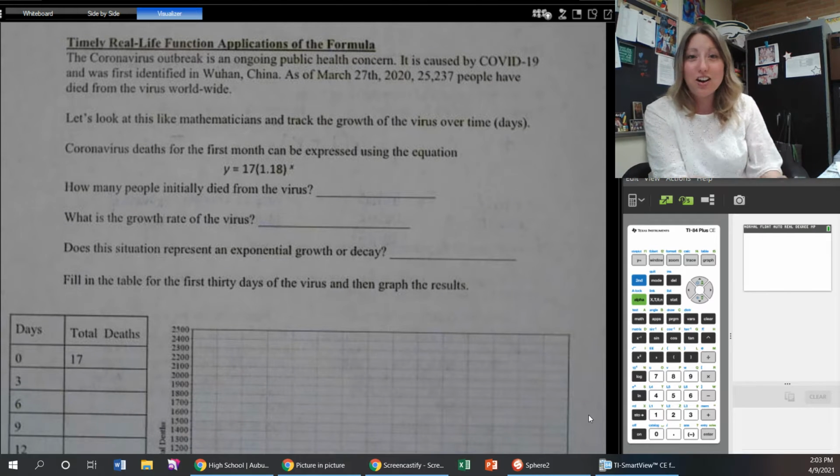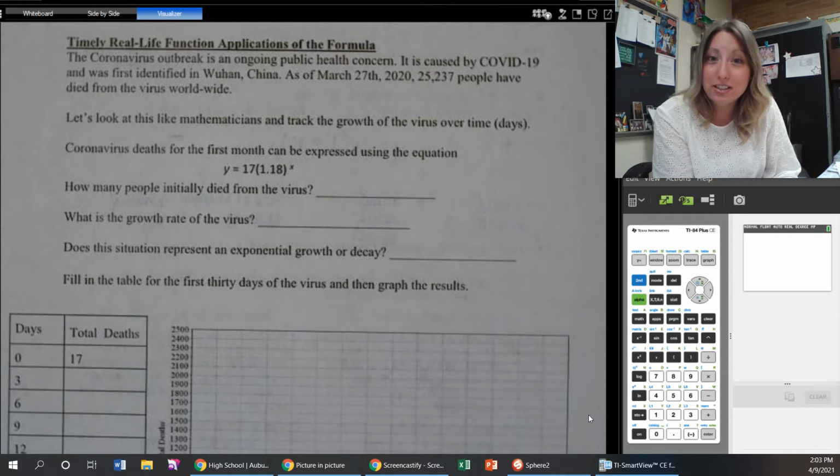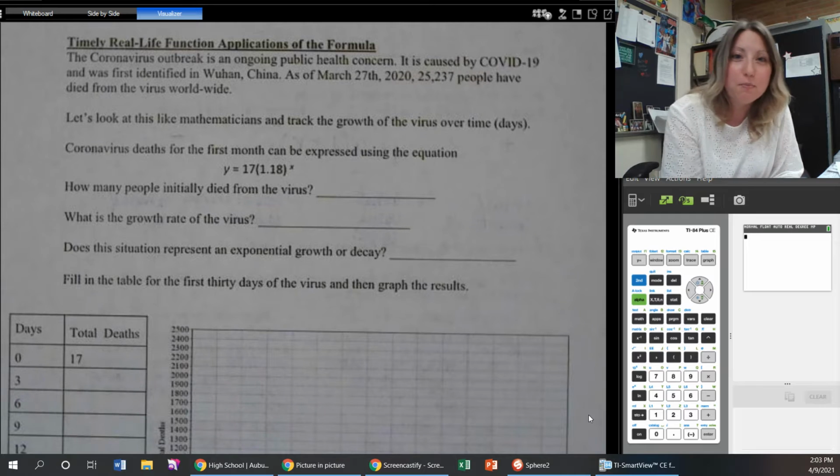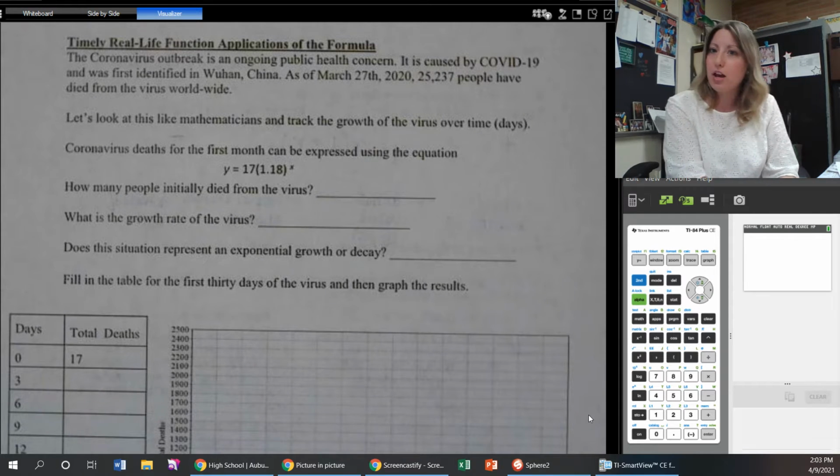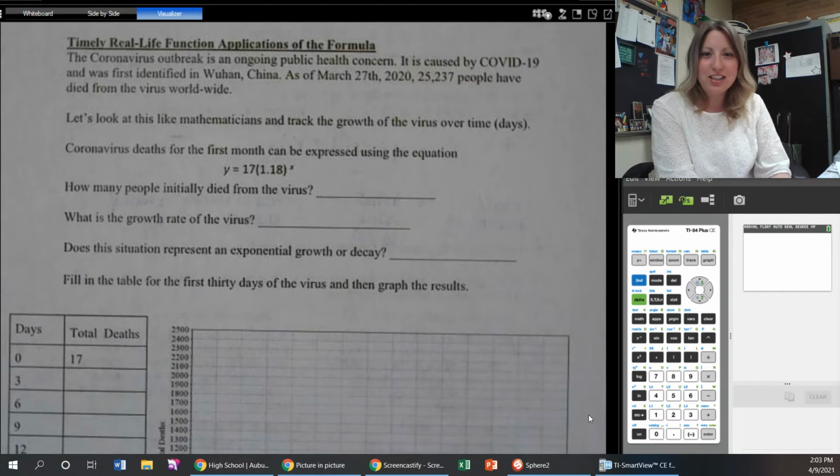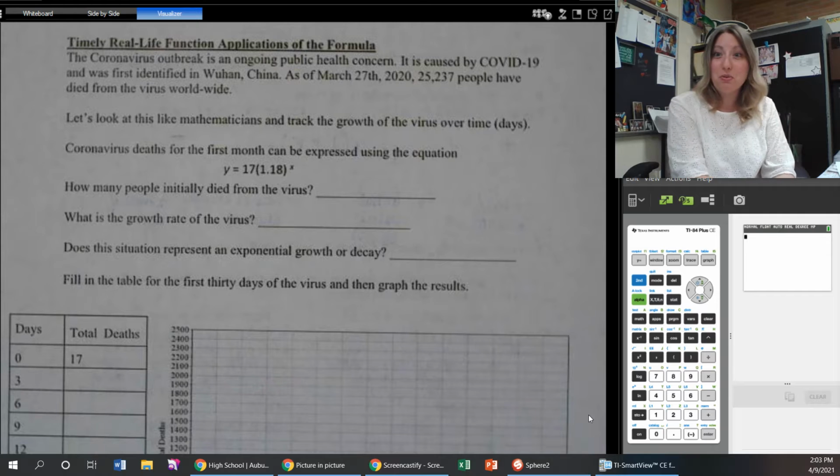So, as of March 27th, 2020, over a year ago for us now, 25,237 people have died from the virus worldwide. We know what the answer is at this point in 2021. So, yeah, since we're way over 1 million now, it's gotten pretty rough, huh?